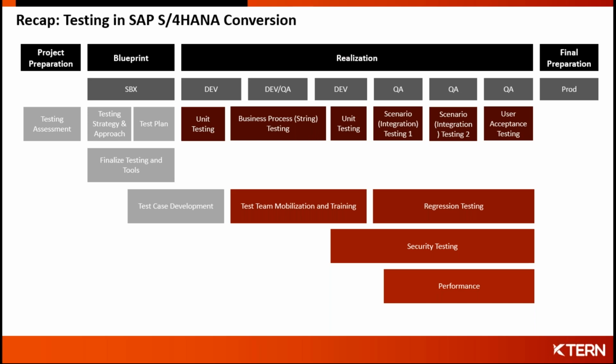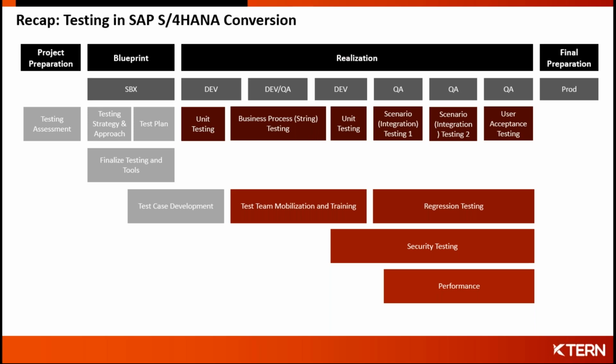So we have something called the test suite, where KTern will help you identify the test cases, identify the stakeholders, provide a sample test data from your master and configuration data so that you can take this testing phase with sheer confidence and you can make it move like a breeze.